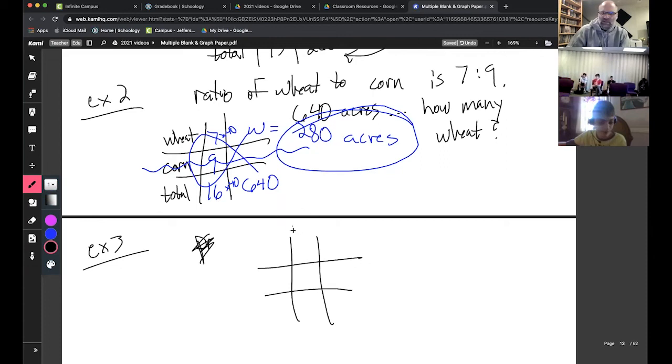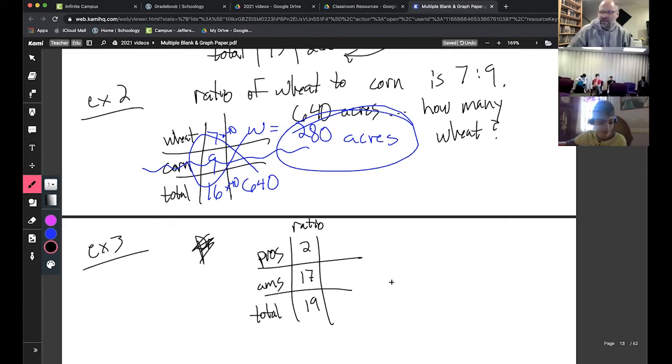So the ratio of professionals to amateurs, pros and amateurs, was 2 to 17, which means I have a total of 19. If there were 3,800 racers in the race, how many were amateurs?